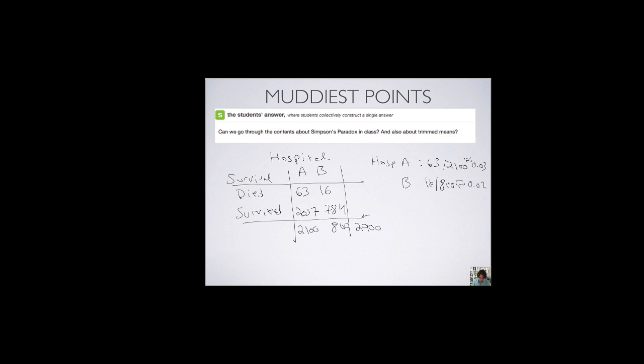So we would prefer hospital B, since hospital B has a lower mortality rate.